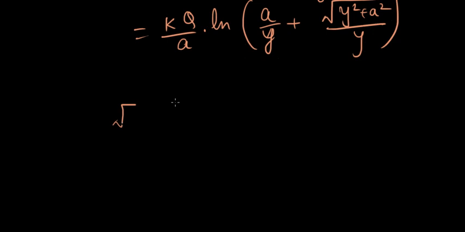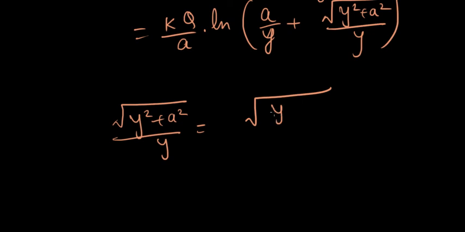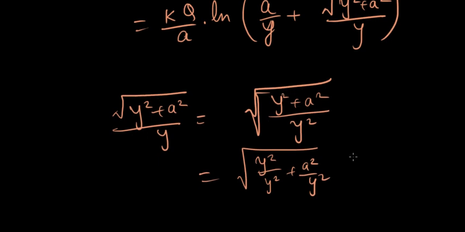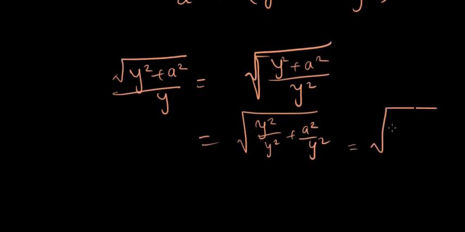Okay, root of y squared plus a squared over y can be written as the whole root of y squared plus a squared over y squared, right? Just taking it inside the root there. And then here, split the denominator. Split the numerator. y squared over y squared plus a squared over y squared, which will give you what? Root of 1 plus a squared over y squared. Is that very clear? Alright.